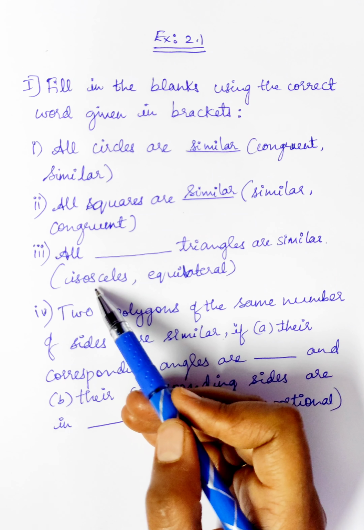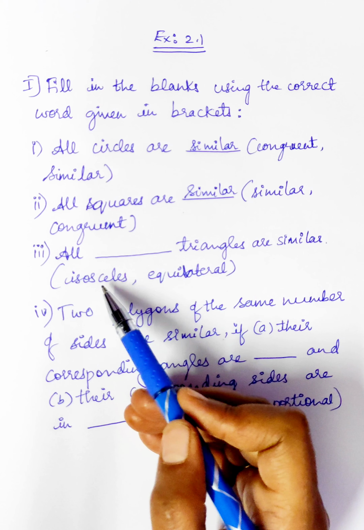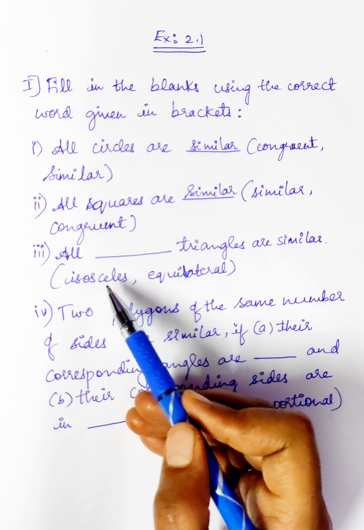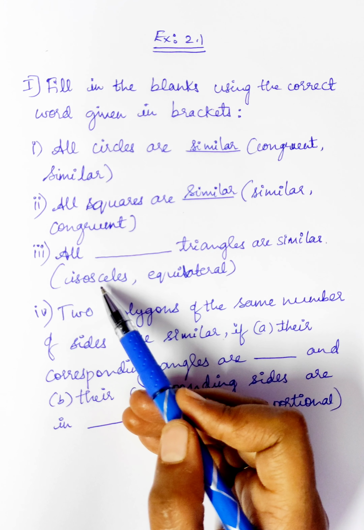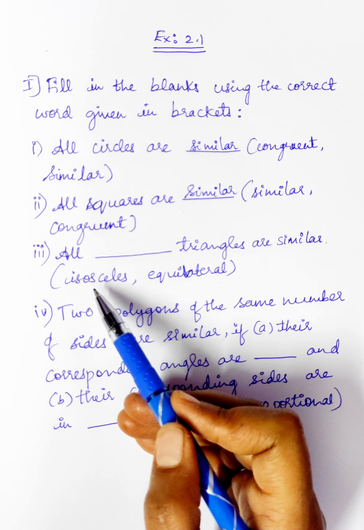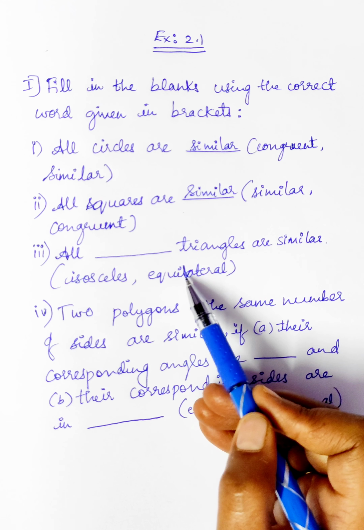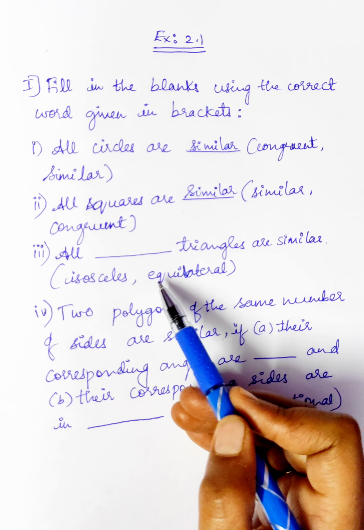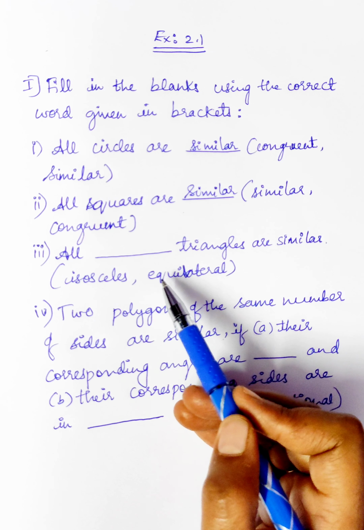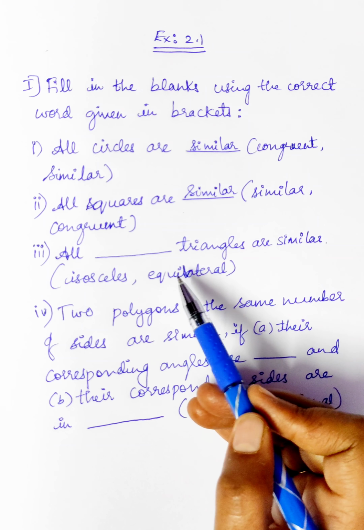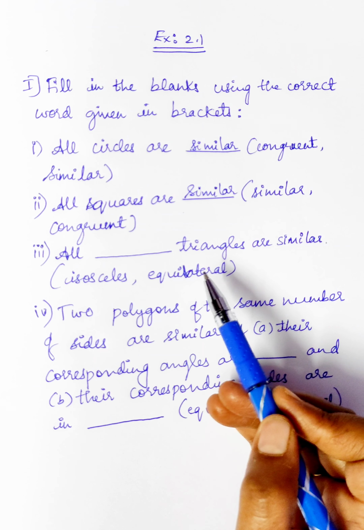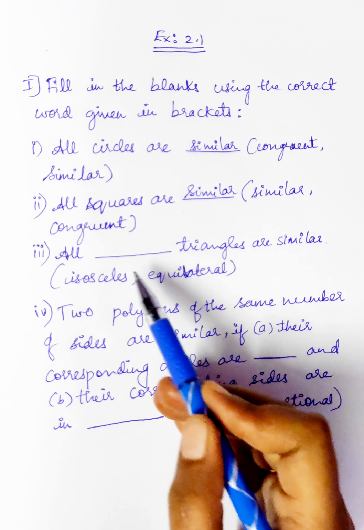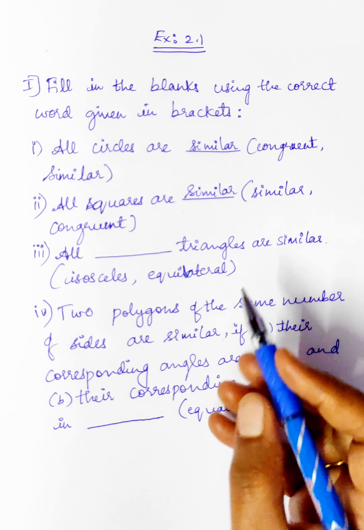Now if you consider an isosceles triangle, any two sides will be the same, that means the shape goes on changing, along with the size. Now here in an equilateral triangle all three sides are equal. That means even if they are having the same shape, size may change. So all equilateral triangles are similar.